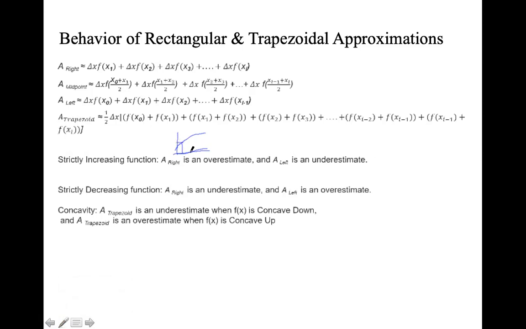If I draw my right rectangles, you can see when the function is increasing, these right rectangles are an overestimate of the actual sum. If I have an increasing function, my left rectangles, and again, I'll put some rectangles here, these left ones, that's really seriously under. The left rectangles are an underestimate.